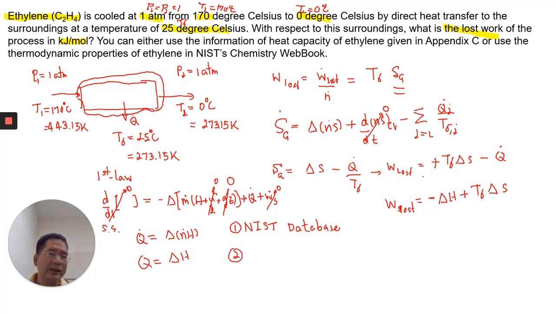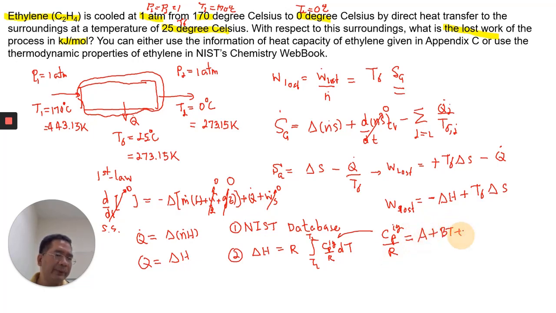So in this case, delta H will become the integral from T1 to T2 of CPIG over R dT. And you use the information given in Appendix C. CPIG over R equal to A plus BT plus CT square plus DT to the minus 2, and you do the integration.